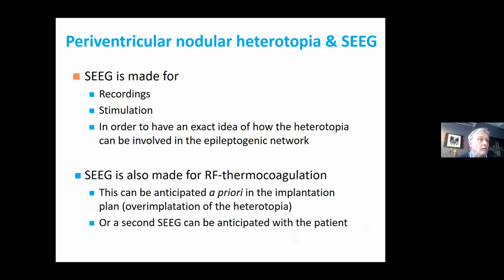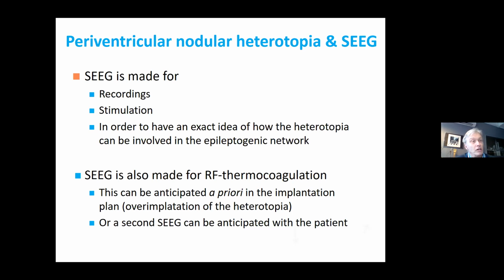And I would say that this should be anticipated a priori in the implantation planning of every patient, which means that we do, in almost all cases, a so-called over-implantation of the heterotopia itself when compared to a classical usual diagnostic SEEG.